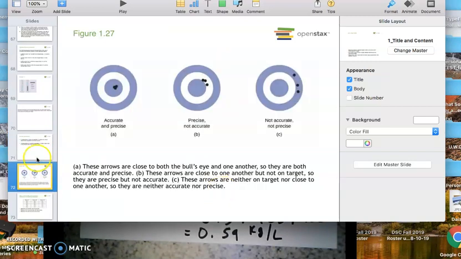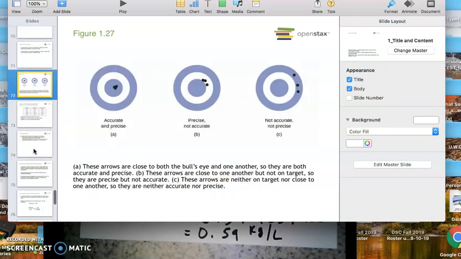So here's a picture explaining the differences between accuracy and precision. This is something that you've probably seen before. Here we have targets, and someone is shooting at a target, and they shot 3 shots, and they were all on the bullseye here.